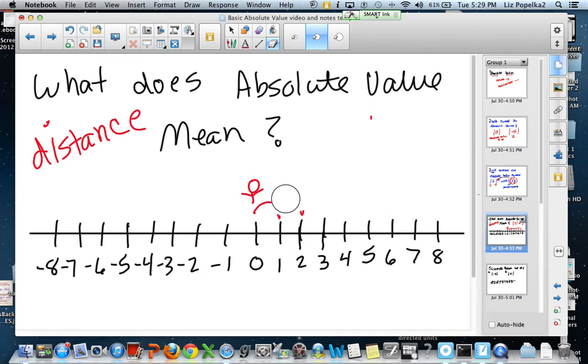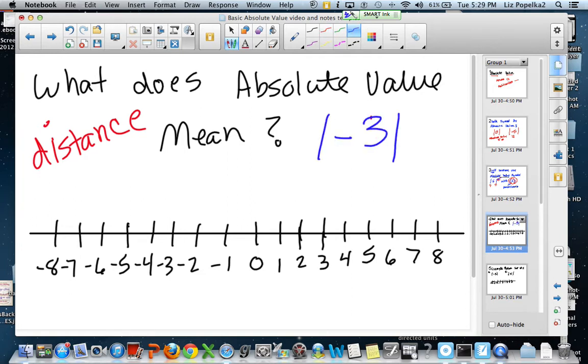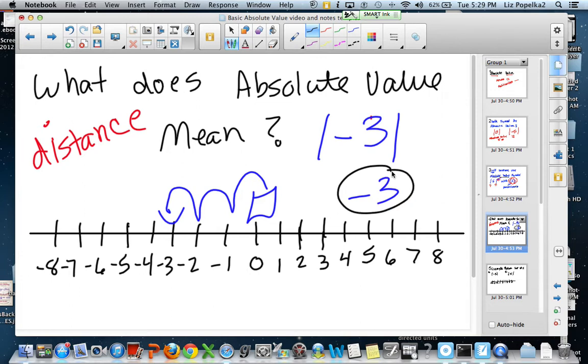Nope, you're not. So, some people, for example, think that if you are finding the absolute value of a negative 3, so you think, how many steps do I need to travel on the number line from 0 to get to negative 3? Some people would say it's 1, 2, 3, and since I went backwards, the absolute value is negative 3. Okay, that is absolutely not correct.